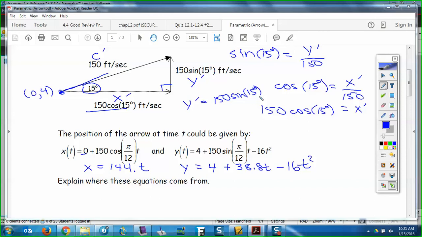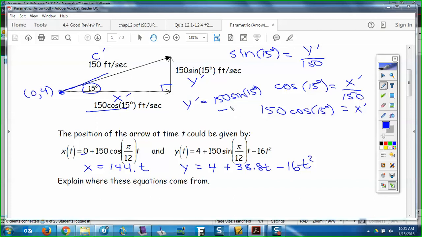So as soon as that arrow releases, gravity starts pulling on it, right? So what you have is this vertical velocity it was shot at, minus, now what's gravity in feet per second? No, that's meters. 32 feet per second every second. So vertically, it's going to lose 32 feet per second every second.